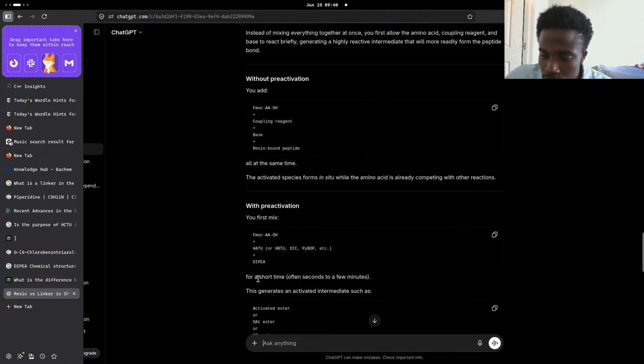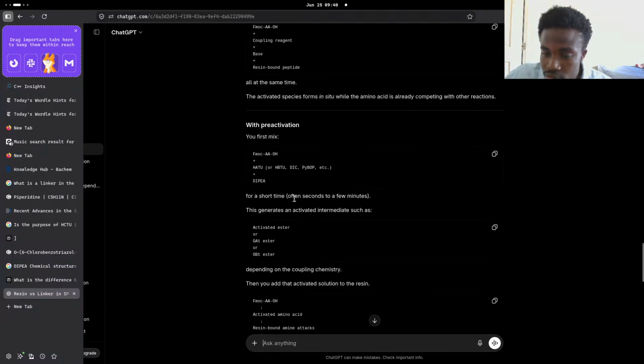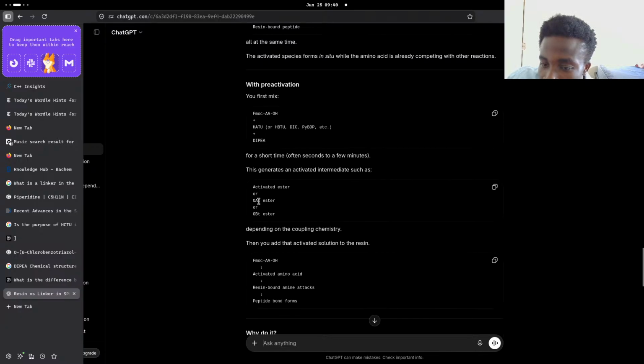So you mix the Fmoc amino acid, this HCTU plus DIPEA, for a short time, often a few seconds to minutes, forming the activated ester, an OAt or OBt ester.